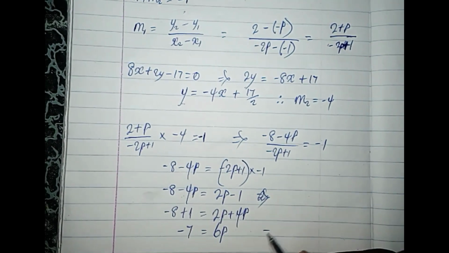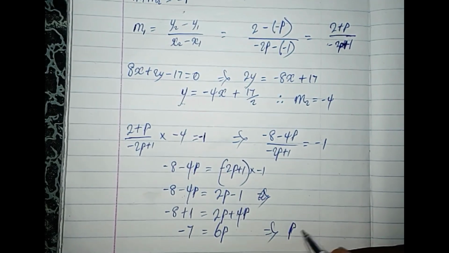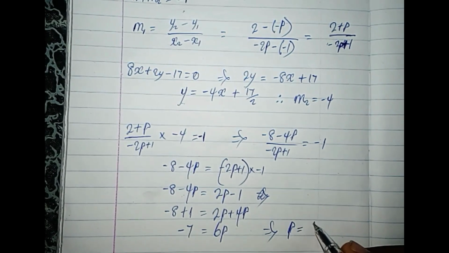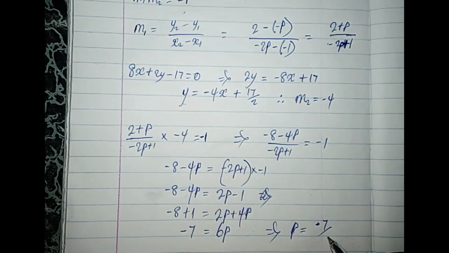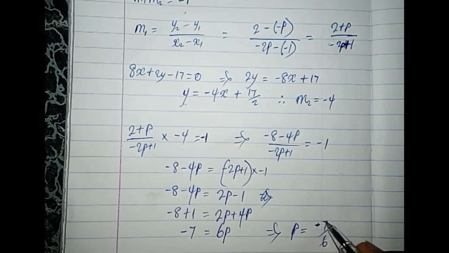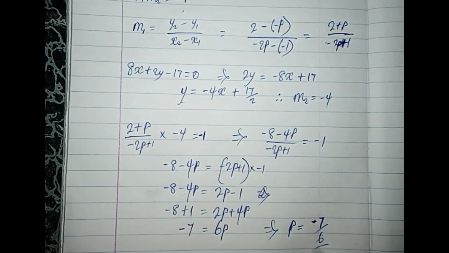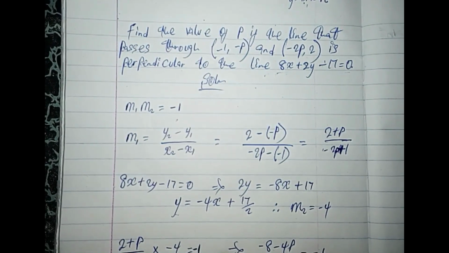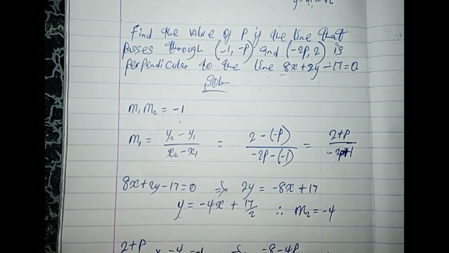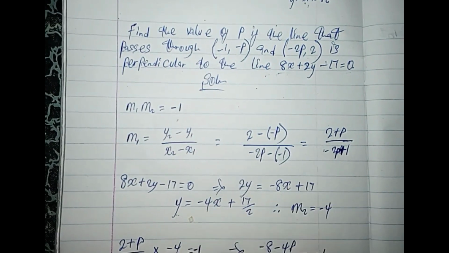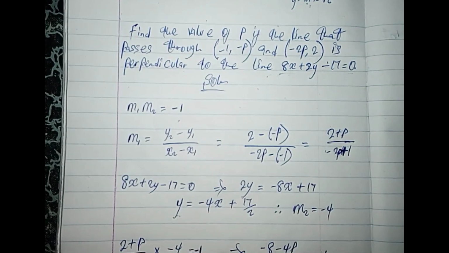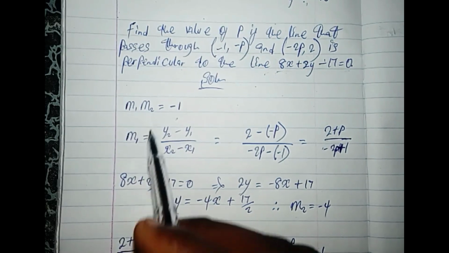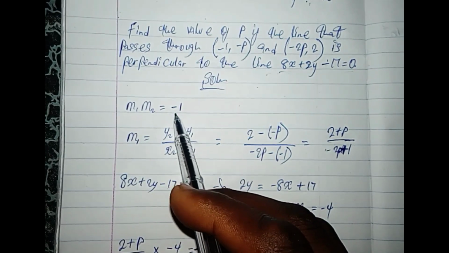So this implies that our p is equal to -7 over 6. And this is the value for p, and this is our answer to the question. So when you are given two lines that are perpendicular to each other, you should always know that the product of their gradients is equivalent to -1.